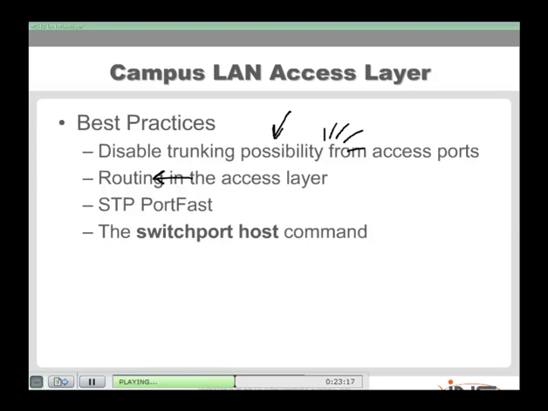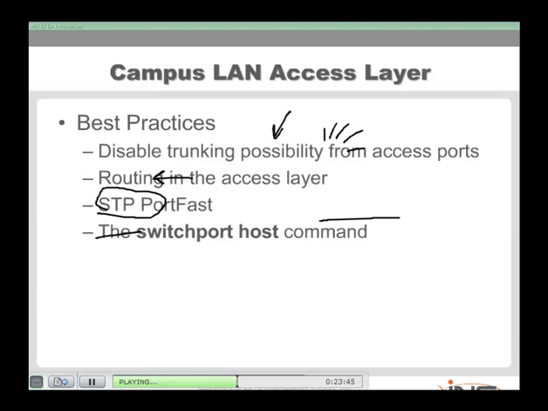Once again, we want to consider layer 3 connections between the distribution layer and the core. At the very least, you want to consider layer 3 between the distribution and core. This is going to enable you to take advantage of the load balancing and redundancy capabilities that are built into your sophisticated routing protocols.